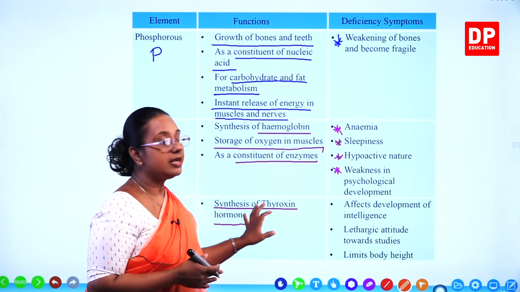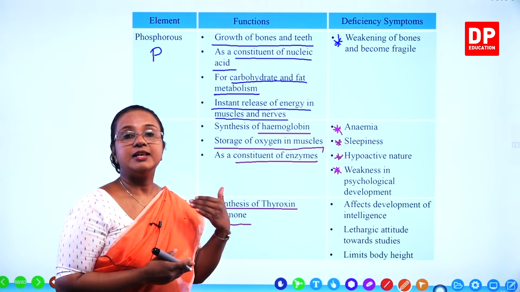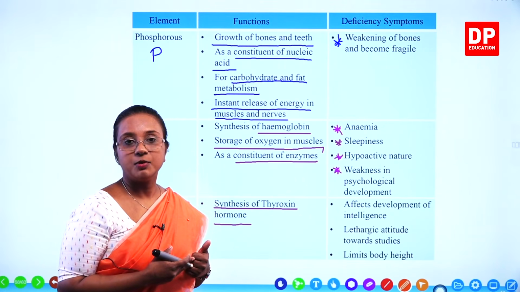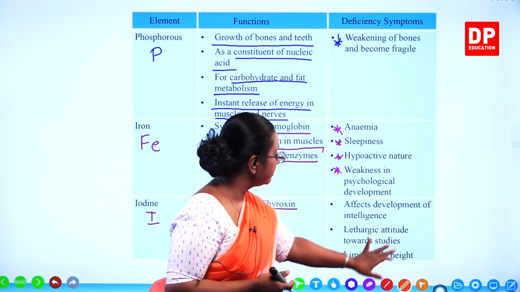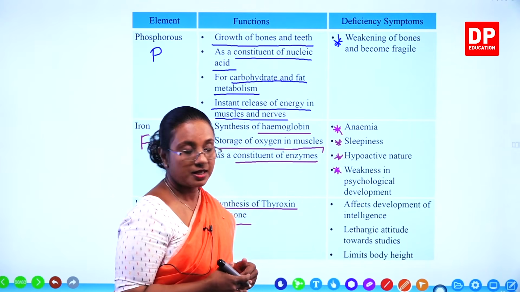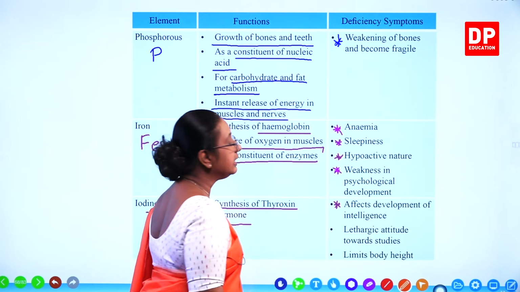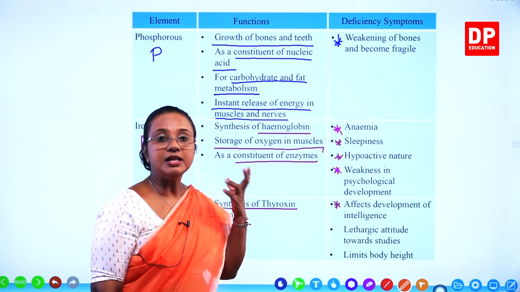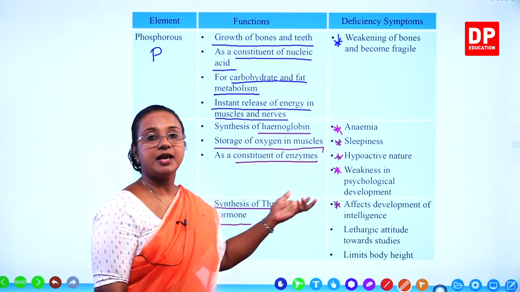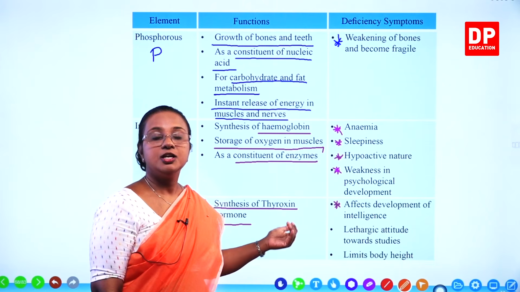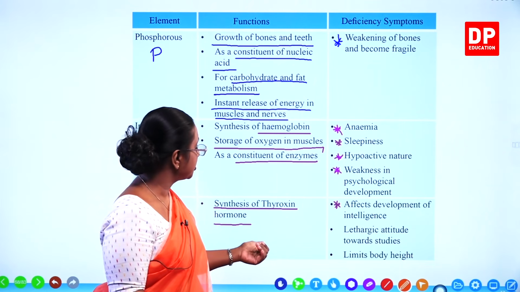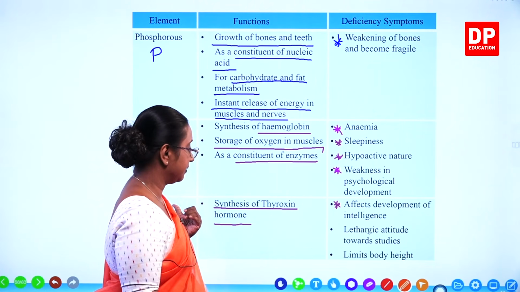And if iodine is not enough, that is, deficient in our body, we will get these deficiency symptoms. It will affect the development of intelligence. The normal intelligence of a person can be affected due to the deficiency of iodine.